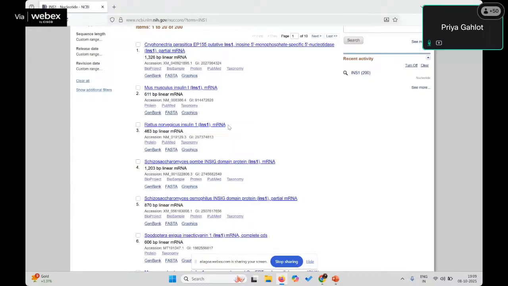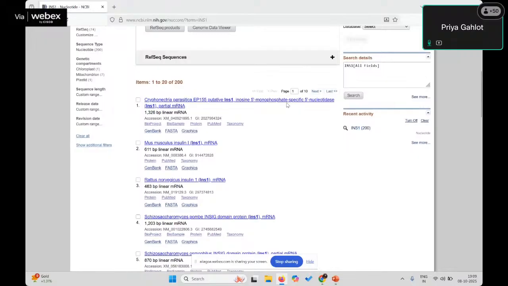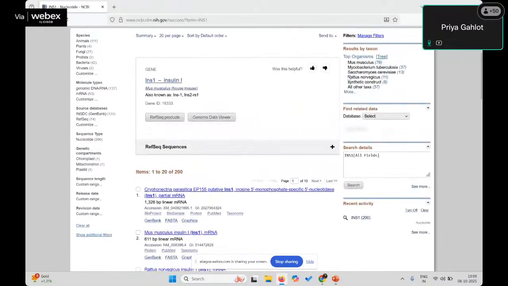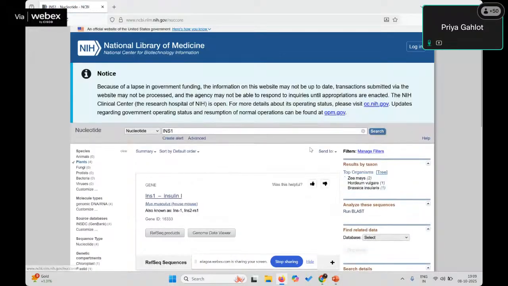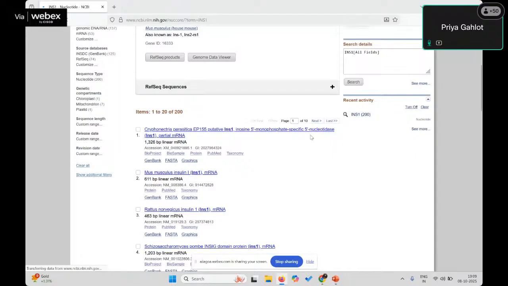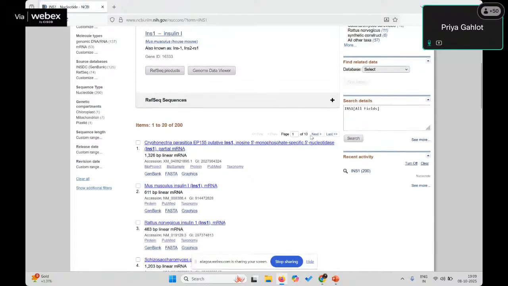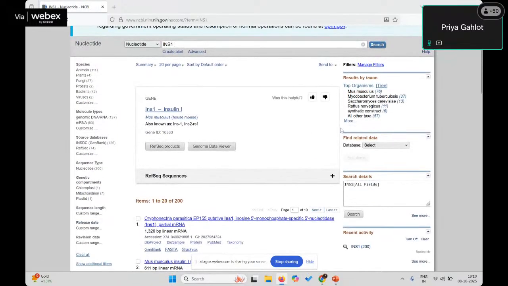We can extract certain nucleotide data using GenBank. We can assign what kind of filters we want, if we want to study plants associated with this particular gene data, or if you want to specify or focus on just one organism.